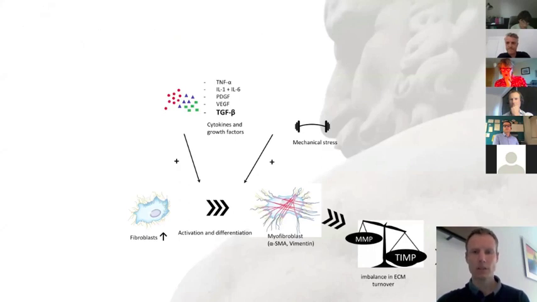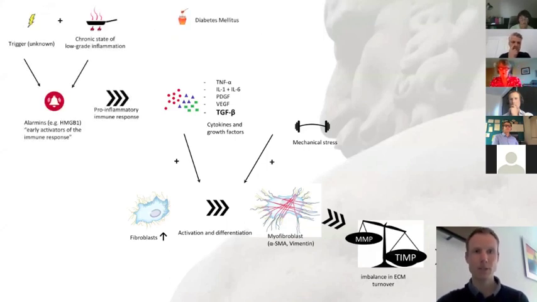So this is where we started, and this will be the last diagram. The fibroblasts will multiply, become activated, and differentiate into myofibroblasts, and they regulate collagen synthesis. They're influenced by mechanical stress and by an inflammatory response. Then we've added the predisposing factors with a chronic state of low-grade inflammation and the role of the alarmins.